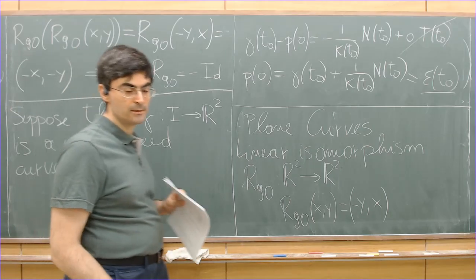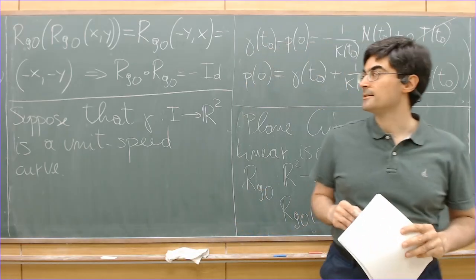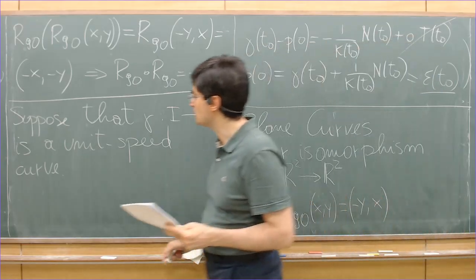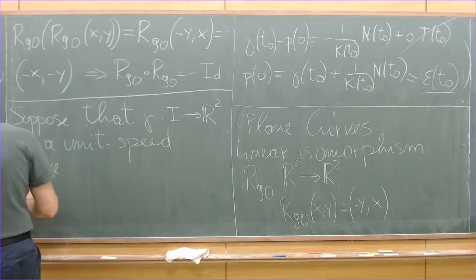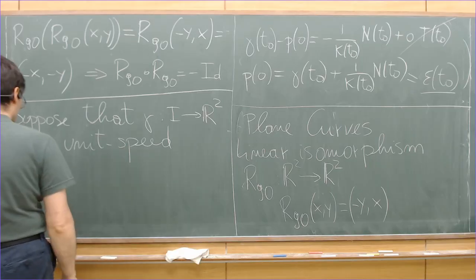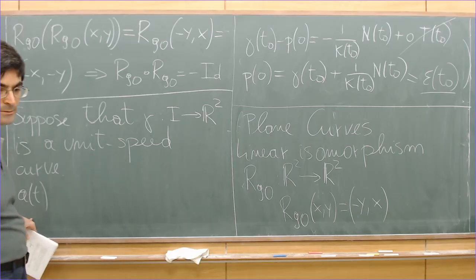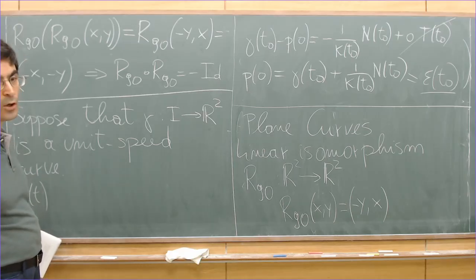We have seen in the past that for a unit speed curve, the acceleration vector is orthogonal to the velocity vector.